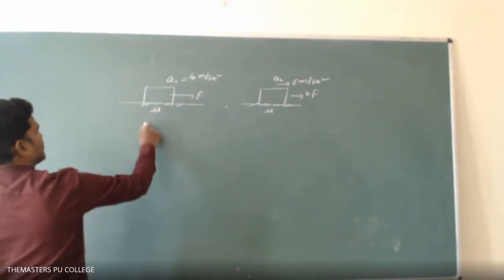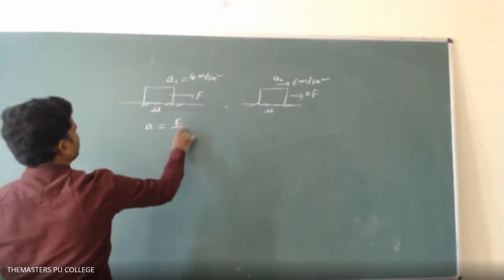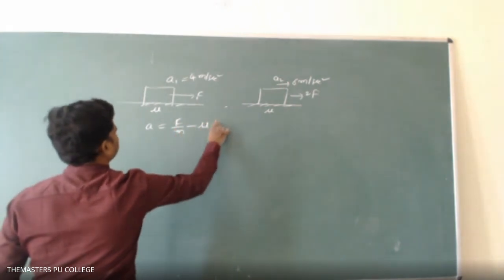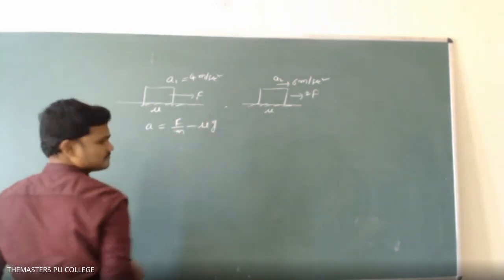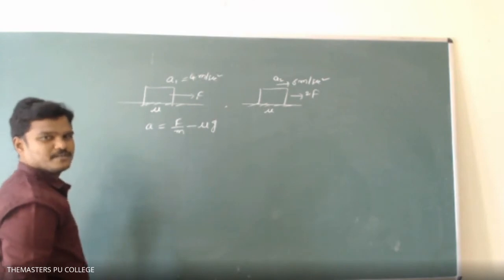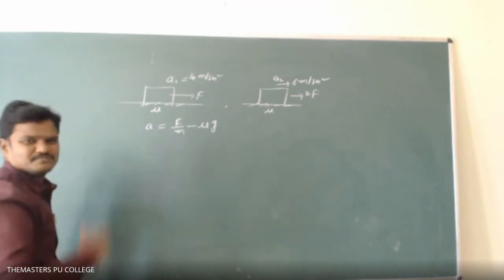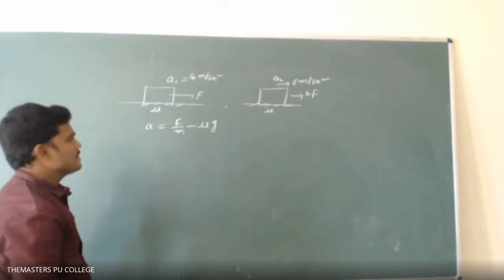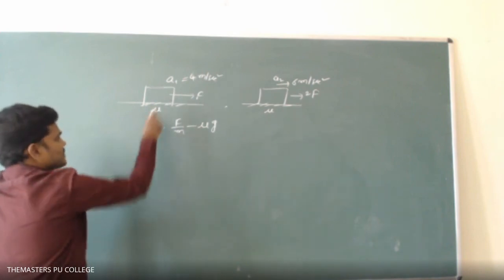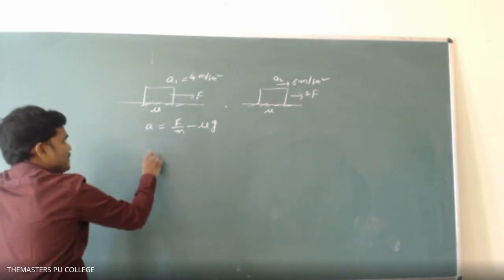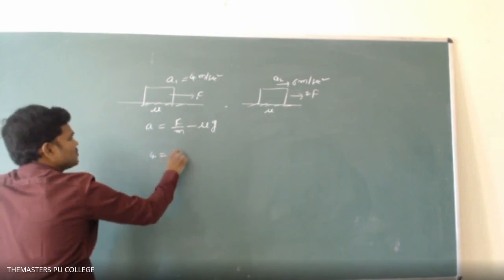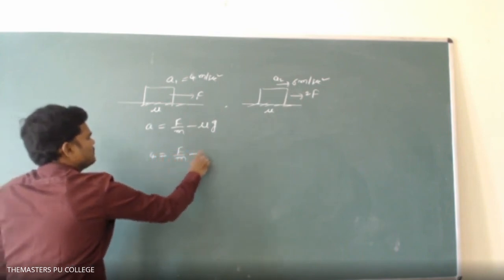See, for the first case, we have a formula already: a = F by m minus mu g, mu k g. That's not a problem, you can write mu k. Mu k means when the body is in motion. What is a1 for the first equation? 4 is equal to F by m minus mu g.